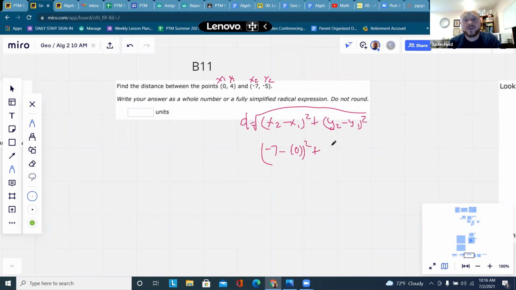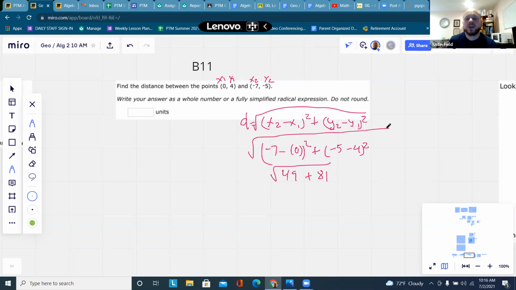And y2 is -5 and y1 is 4. So -7 minus 0 squared is 49. -5 minus 4 is -9, so that squared is 81.